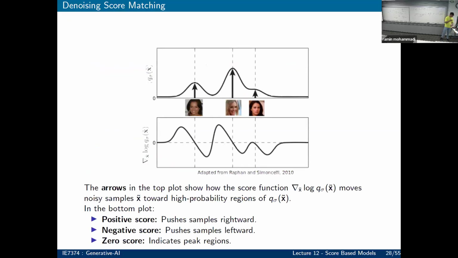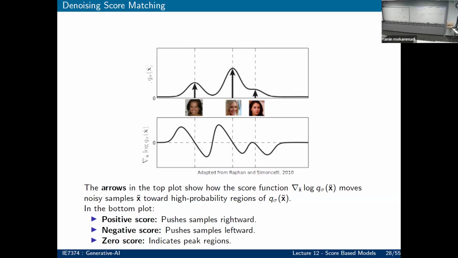Now, what you will see in this image is that we have 3 images. These are noisy; we have added some noise to them. Our idea is to push this up to a higher density region. What you see here is the gradient vector field, the gradient of the score function. At this point it's supposed to be 0 because it's the maximum.